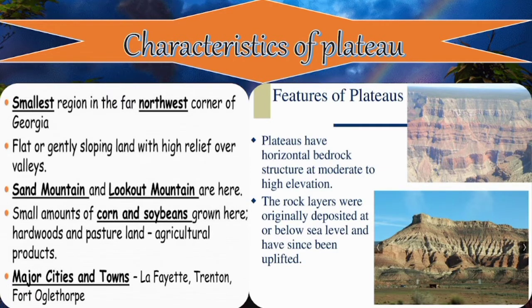One of them is that they are elevated flat lands, and they have one or more steep sides and steep slopes. Their height often varies from a few hundred meters to several thousand meters. A plateau can also be either young or old.